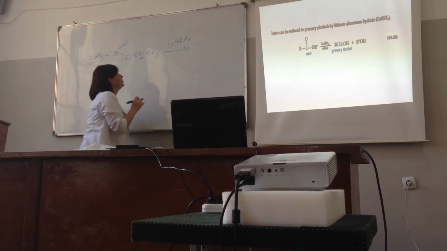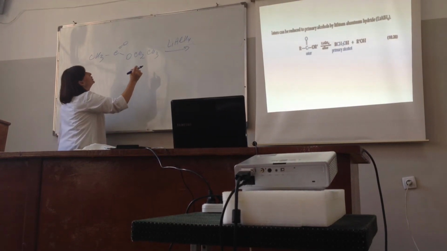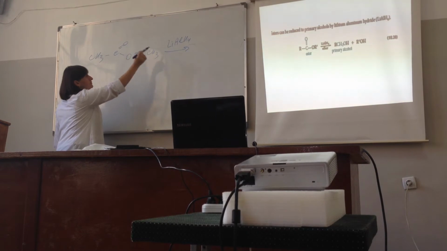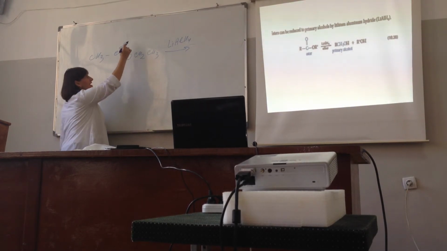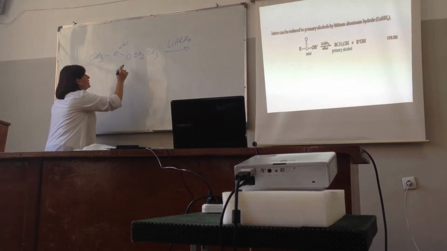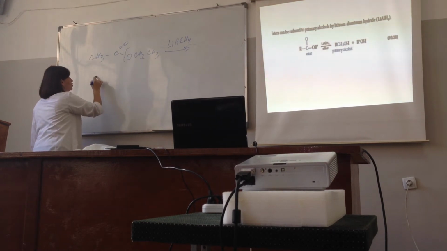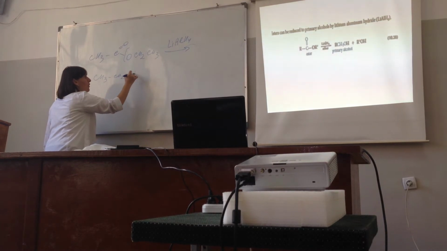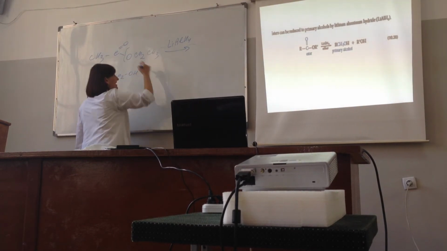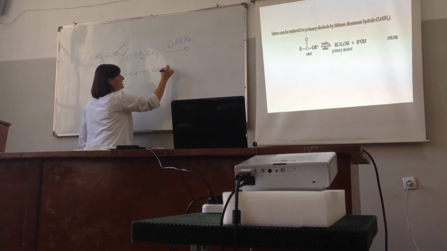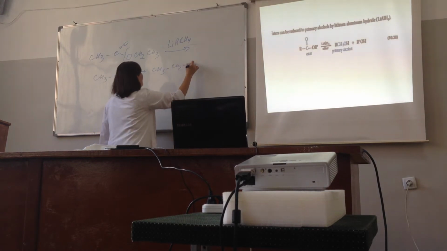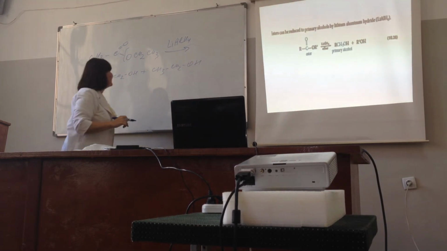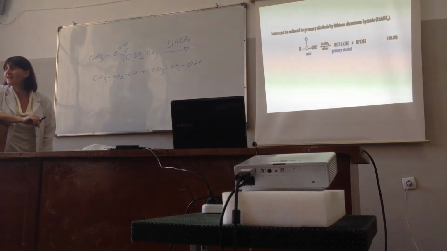Here you have 4 H atoms. Now look. 2 H atoms go here, 1 H atom goes here, and 1 here. So, from this part, you get CH3CH2OH, plus second part is CH3CH2OH. So, finally, you get 2 alcohols.